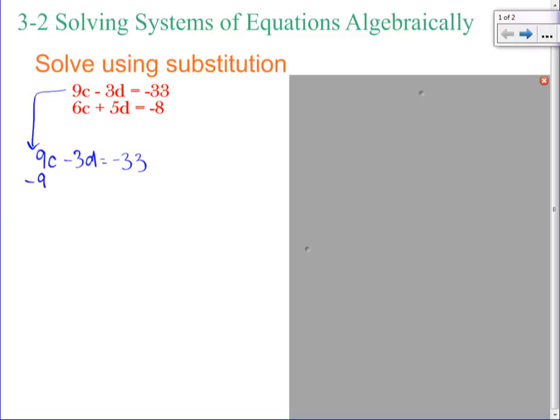So first we want to move this. And then you can divide by -3. (3c plus 11).